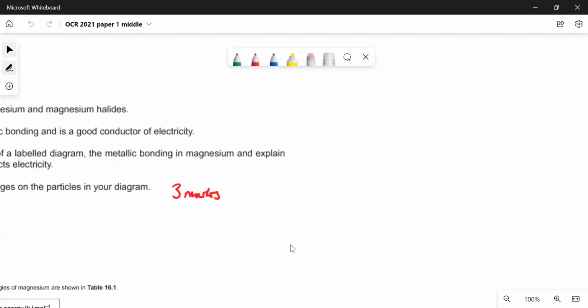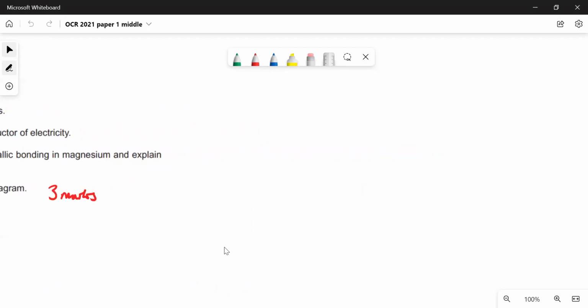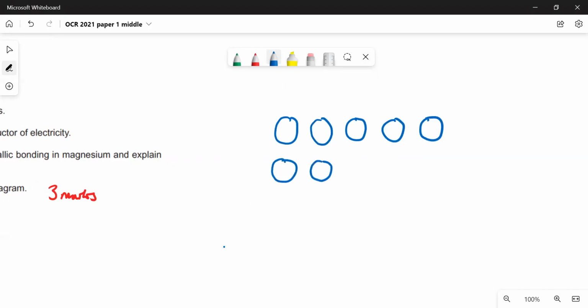This is not really much past GCSE, but in metallic bonding you get the metal ions in a regular arrangement. So you need to draw some kind of regular arrangement, make sure it's not just random all over the place. And they're ions, so you have to show the charges on them. Magnesium is in group 2, so it's going to be a 2+ ion for each of those.